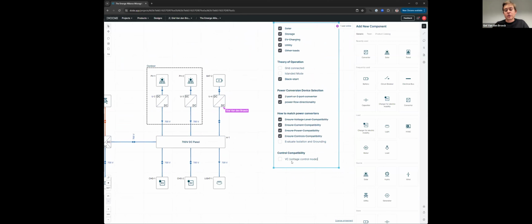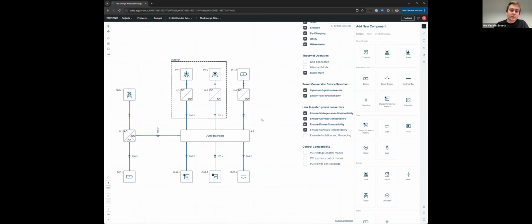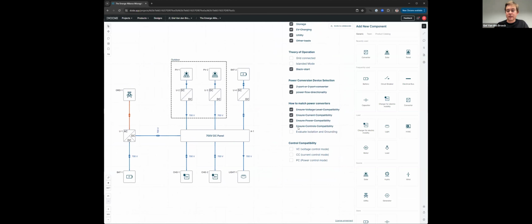So one will try to bring the voltage a little bit up, the other one will try to bring it further down, and eventually they settle somewhere where one of the converters will operate in the limits, or the system will basically become unstable and it will just cease to operate. So it's fundamentally important from the reliability aspects of this system that the control modes of these converters are coordinated.